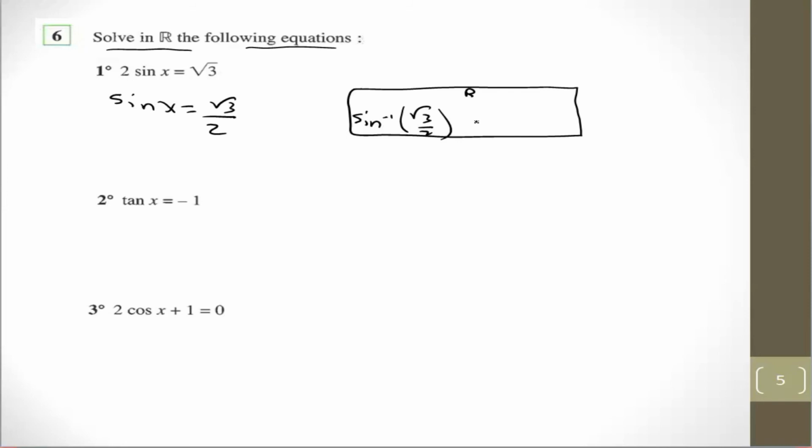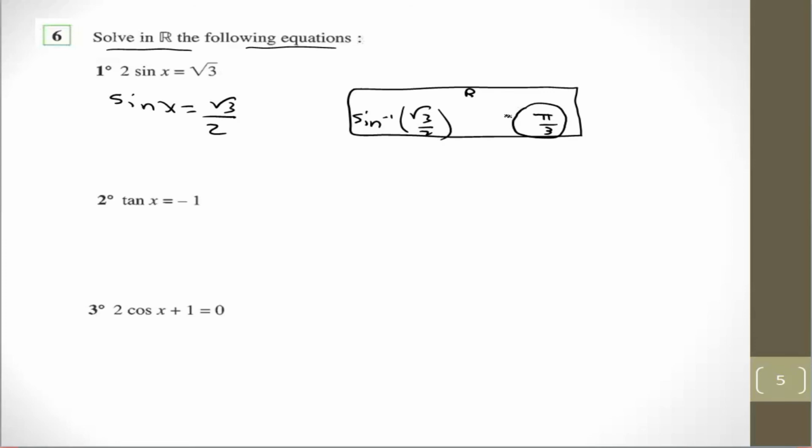So let's write pi over 3. I took some seconds to write on my calculator, so it is pi over 3.